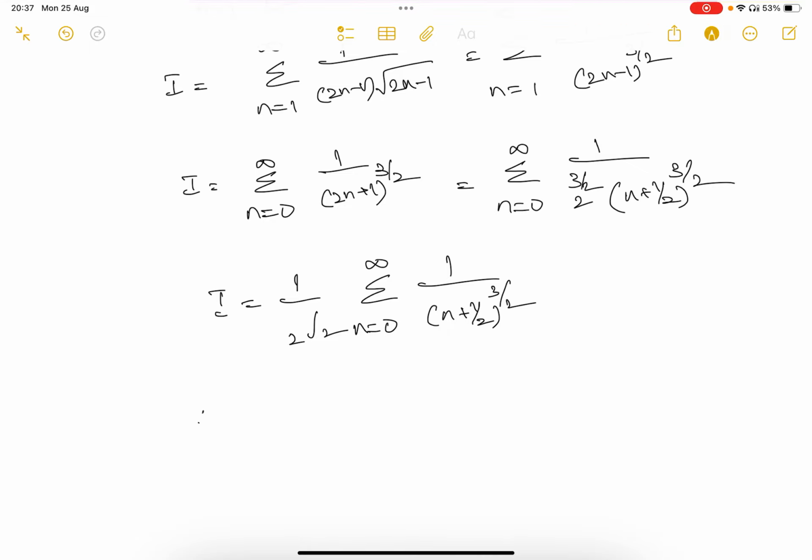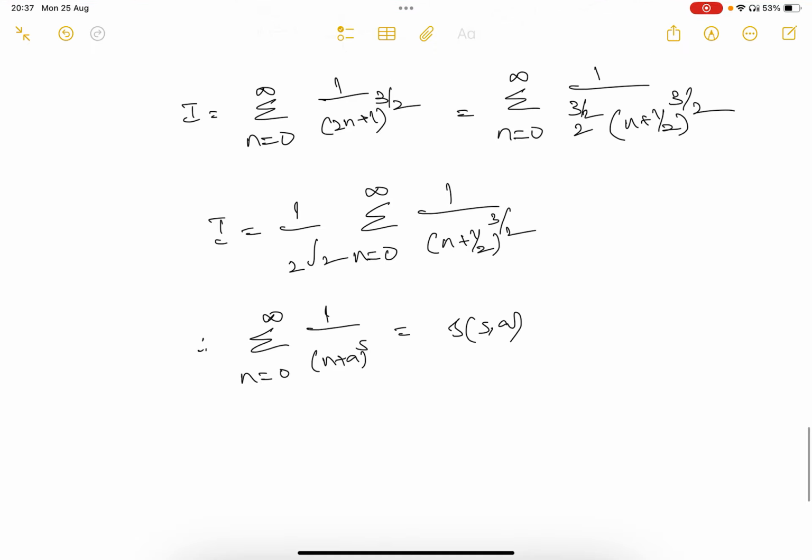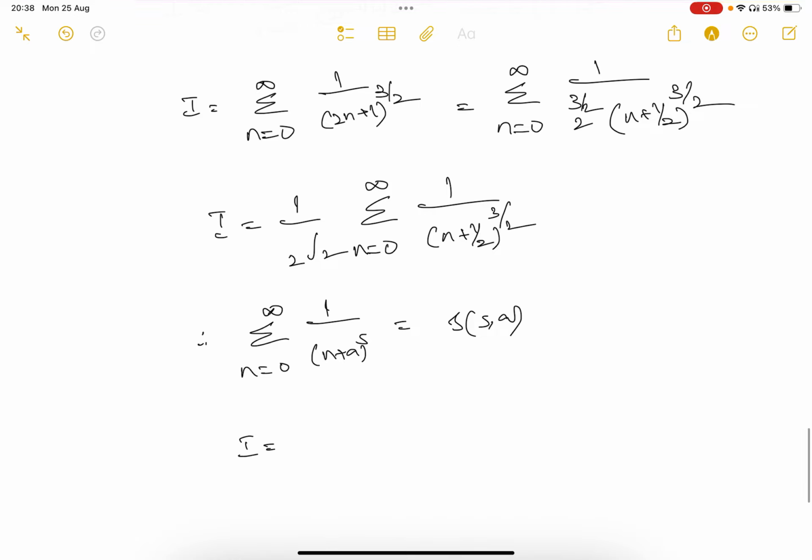From the form, as you know, the Riemann zeta function: summation n equal to 0 to infinity 1 by n plus a whole power s is the Riemann zeta function of s comma a. In our case, I is 1 by 2 root 2 into the Riemann zeta function of, here s is 3 by 2 and a is half.